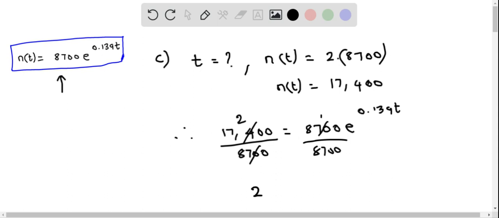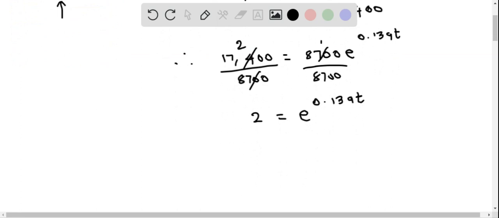So we have the equation 2 equals e raised to the power of 0.139 t. And once again, we have to apply natural logarithm to determine the value of t. So we get natural logarithm of 2 equals natural logarithm of e raised to the power of 0.139 t.